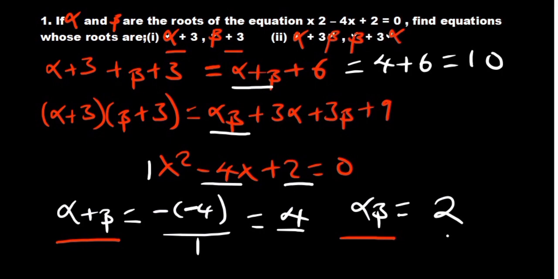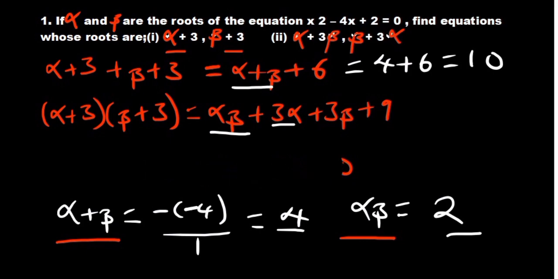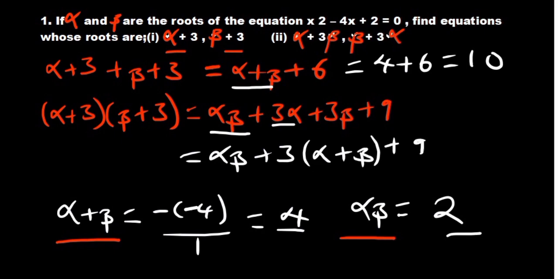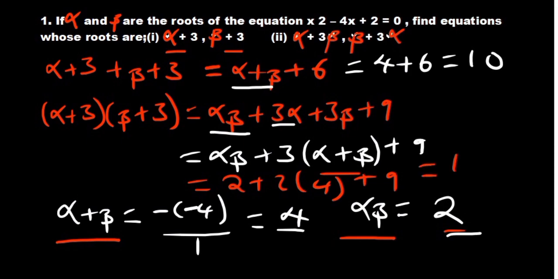Yes, alpha beta is 2. How about 3 alpha? We don't have that. So let's factorize the 3 so that we put it in the form of a summation. We have alpha beta plus 3 times alpha plus beta plus 9. At least we know what alpha plus beta is, so we can substitute there. Alpha multiplied by beta is 2, and the summation is 4. So 2 plus 3 times 4 is 2 plus 12, plus 9. That is 2 plus 12 is 14 plus 9 equals 23.